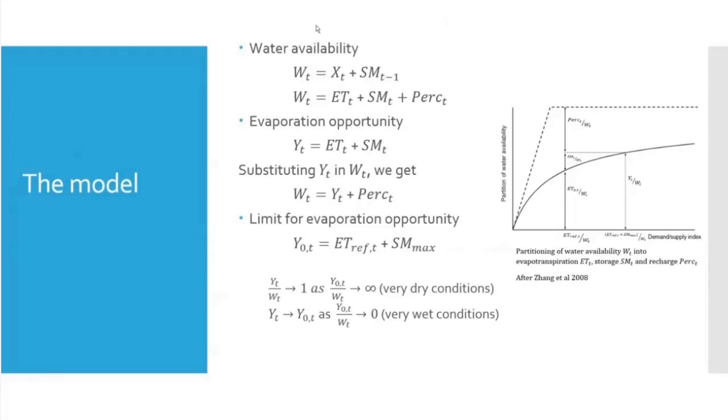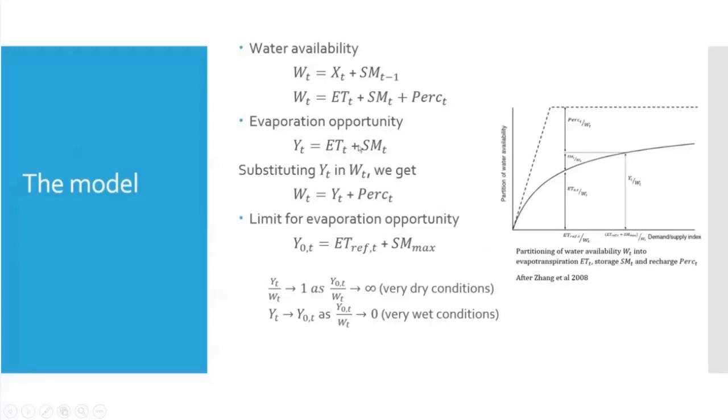So if we substitute, for example, this YT in the water availability equation, we get that the water availability will be the evapotranspiration opportunity plus the percolation. So what are the limits for this? The limit for evapotranspiration opportunity is, the maximum evapotranspiration is equal to the reference evapotranspiration plus the maximum soil moisture capacity.